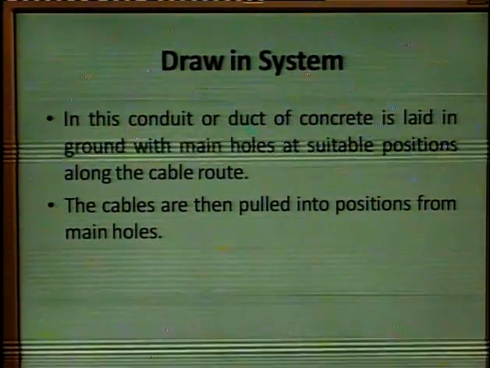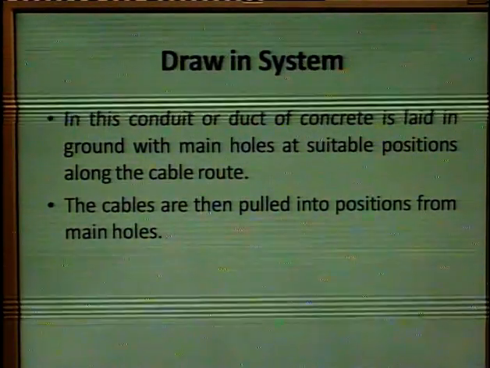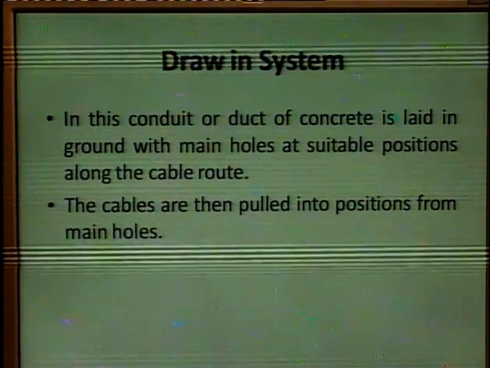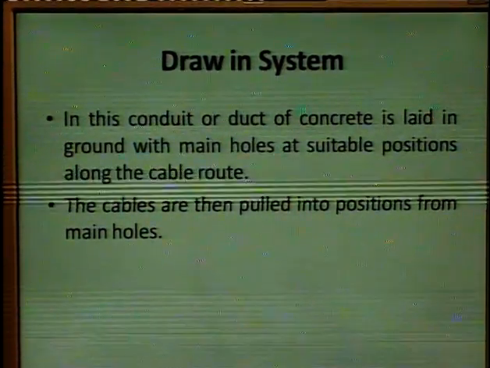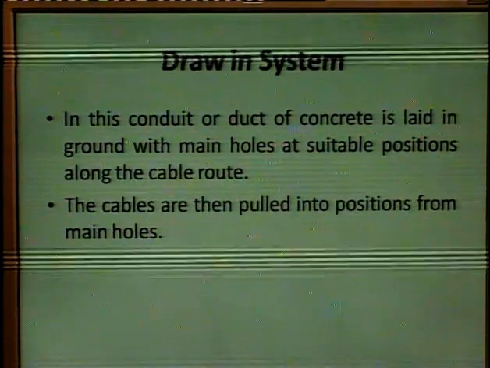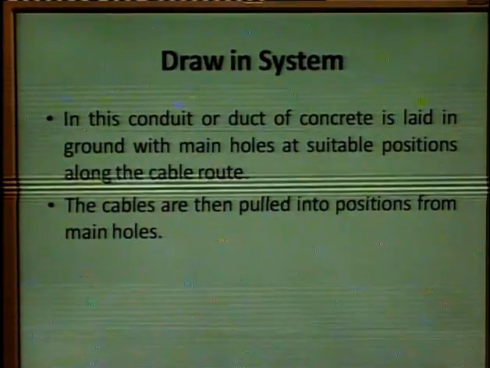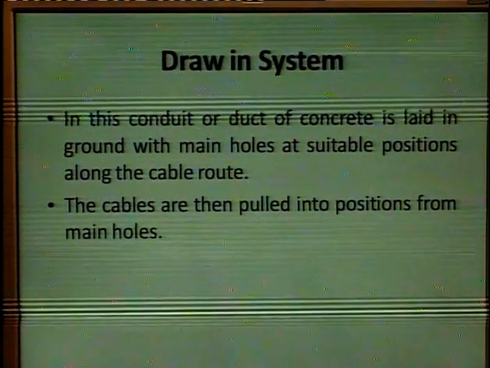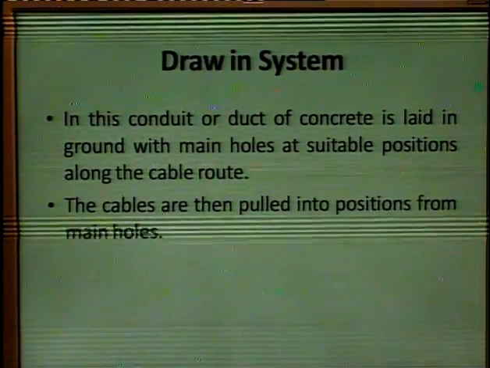Then we have the draw-in system. In this system, the conduit or duct of concrete is laid in the ground with manholes at suitable positions along the cable routes, and then the cables are pulled into position from the manholes, as we will see in the next diagram.